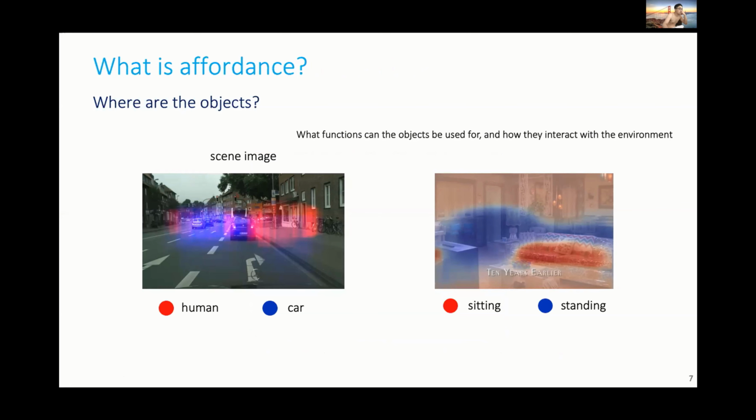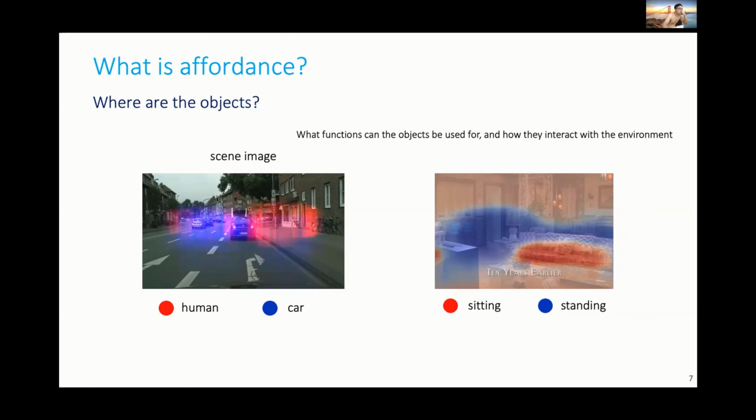For example, for this image here, the objects of interest are cars and humans, and we need to know where they can appear and how they can interact with the environment. Likewise, for the 3D scene here, we want to know where humans can stand and where a human can sit. And as I mentioned, we also want to know how they are supported.